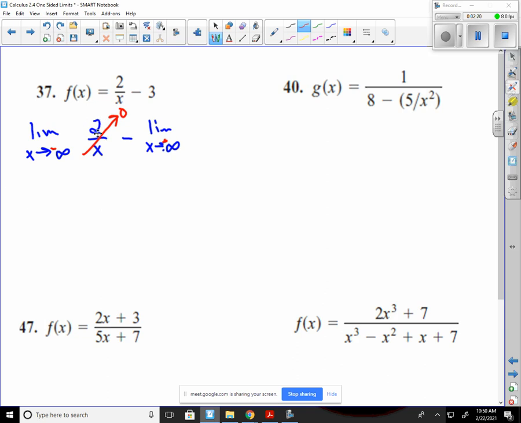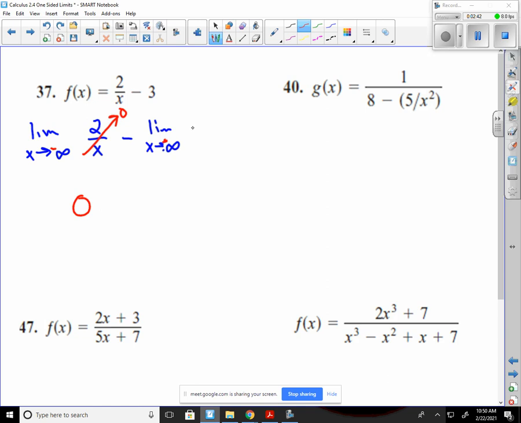Think about 2 divided by negative 1,000, 2 divided by negative 7,000, 2 divided by negative 1,000,000. That's going to keep getting smaller and smaller, closer and closer to 0, so this part of our limit is going to get closer and closer to 0.